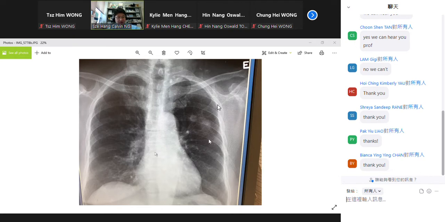That's half a mark, and CT thorax is the other half of the mark. So you get your full mark. Unless the patient has allergy to contrast, or has severe renal impairment, or has other diseases that don't allow them to have contrast, we would normally order IV contrast CT thorax.